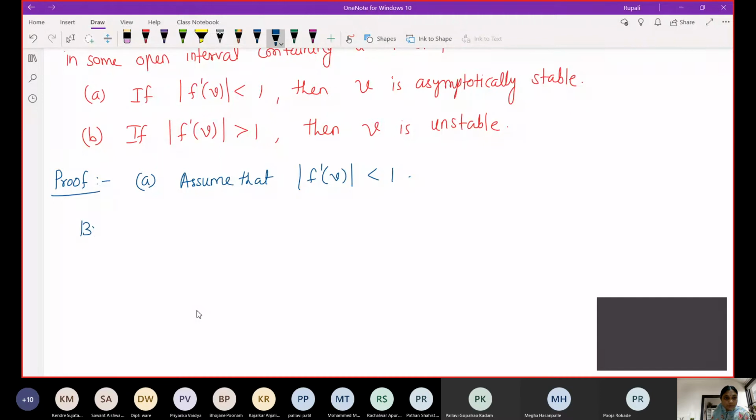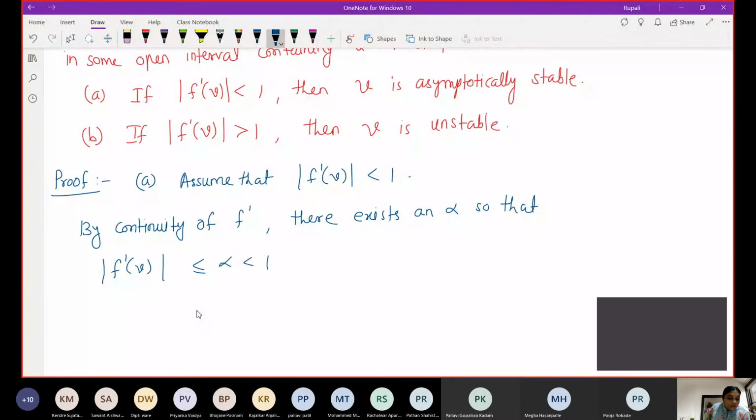So by continuity of first order derivative f dash, there must exist an alpha so that mod of f dash is less than or equal to alpha less than 1 on some interval I, say it is v minus delta, v plus delta for a delta greater than 0.